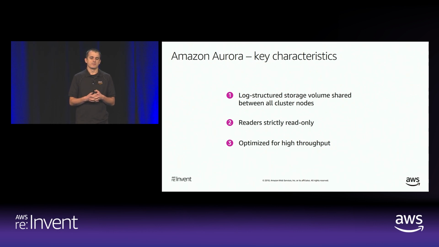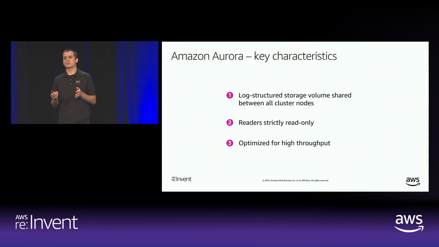An individual query, when you take it in isolation, may be faster in Aurora than in a comparable environment, but you can usually run more of those concurrently in Aurora than in a traditional environment. That's what we mean by optimizing for high throughput.